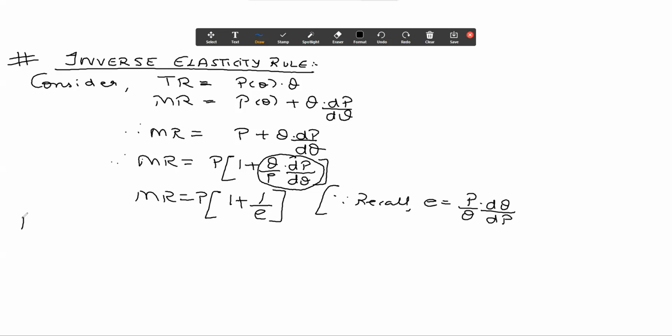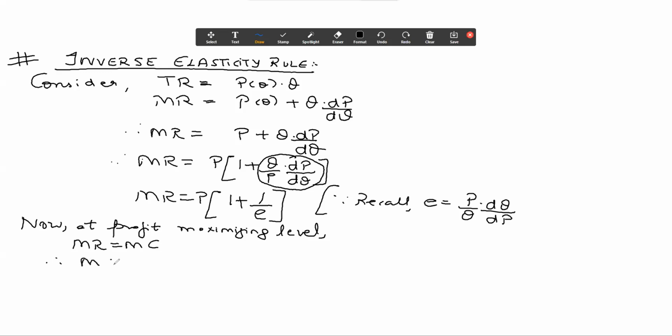Now, at the profit maximizing level, MR is equal to MC. So MC is nothing but MR. What is my MR?